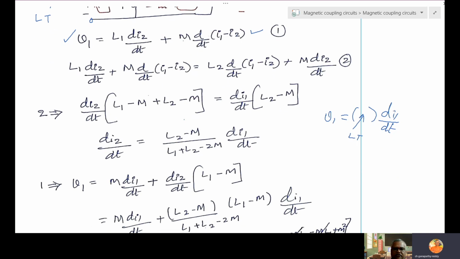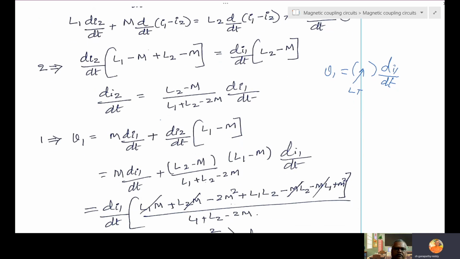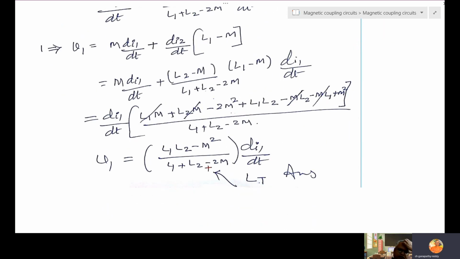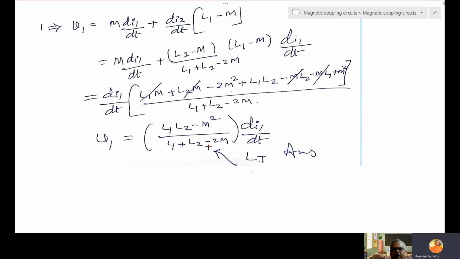So that simplification easily you can do it. Equation 2 simplify, you will get this, and substitute in equation 1. Carefully simplify. So the simplification already given. And finally express V1 equal to something into di1 by dt. So we got the L equivalent.